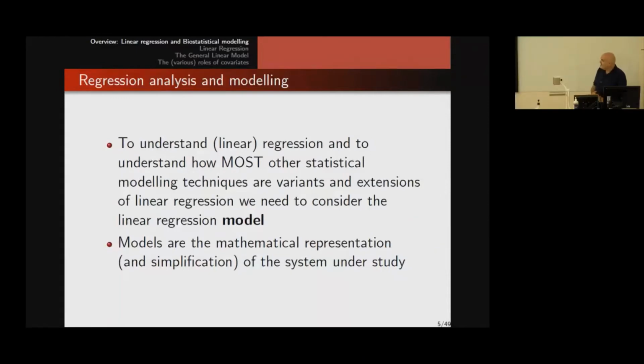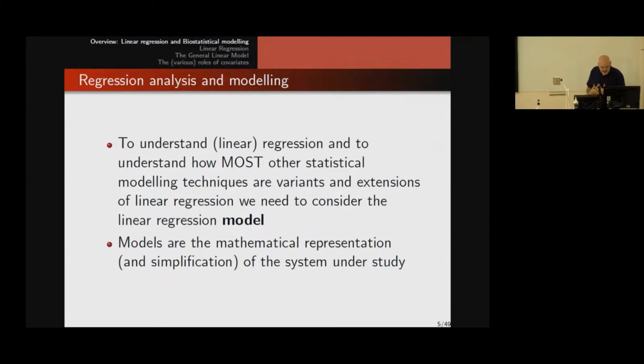So to understand linear regression and to understand how most other statistical modeling techniques are really just variants or extensions of linear regression, we do really need to understand the concept of a model, okay?